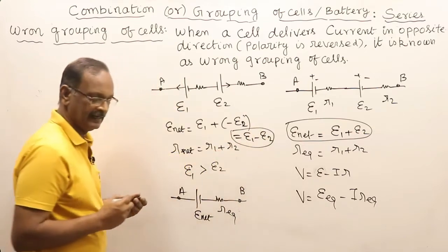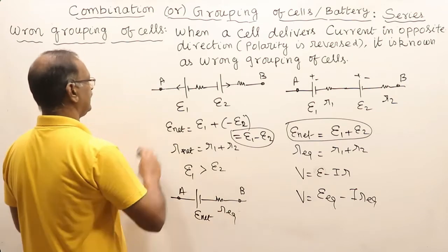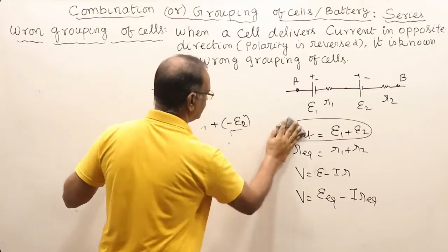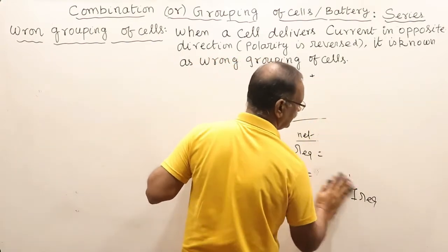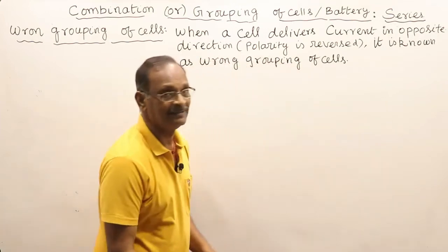Suppose we take 5 identical cells. To have better understanding, we will take 5 identical cells. 5 identical cells means each has the same EMF and the same internal resistance.